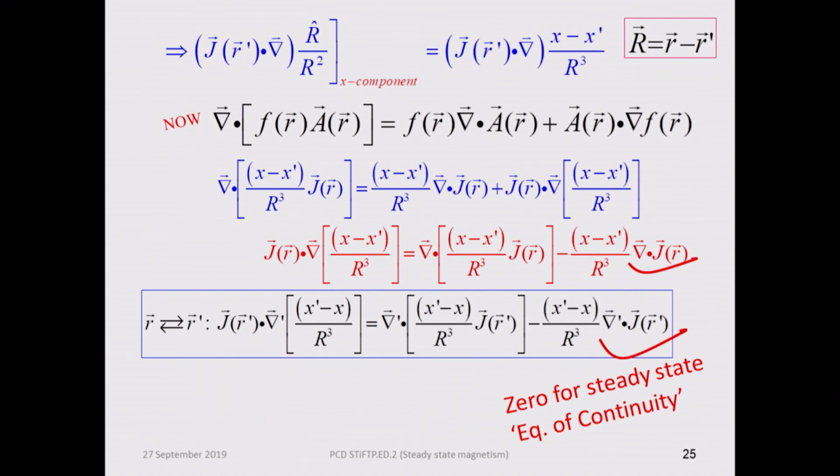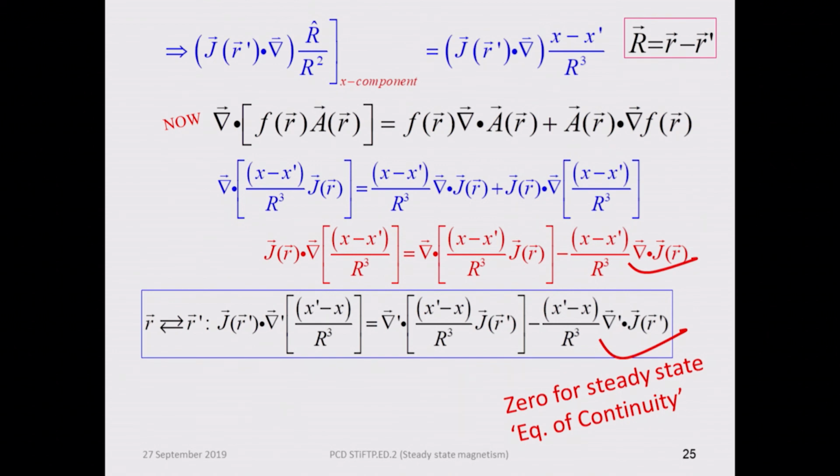The last term involves the divergence of j, and the divergence of j in steady state is 0. That comes from the equation of continuity. We have studied that in fluid mechanics. When we discussed fluid mechanics, we found that the divergence of the current density vector is given by minus del rho by del t, and rho was the mass density in fluid, but it could also be the charge density, and I had mentioned this when we discussed the equation of continuity in fluid mechanics.